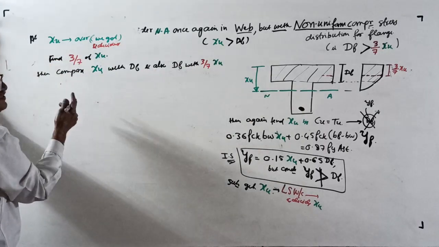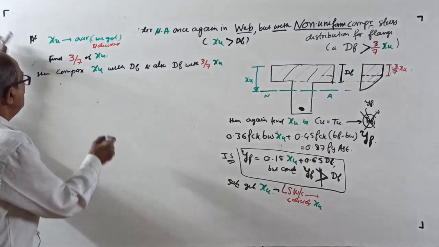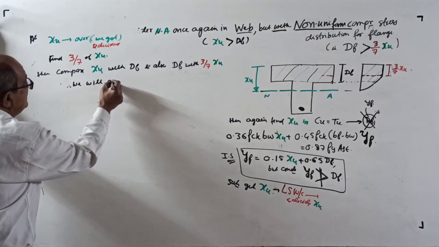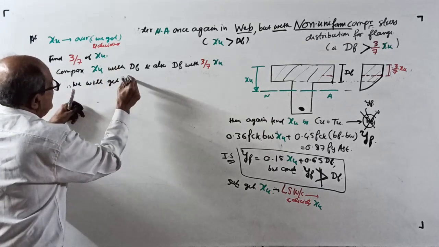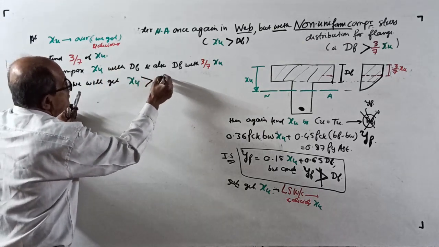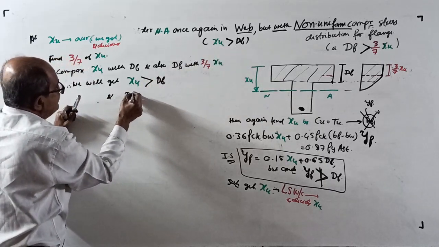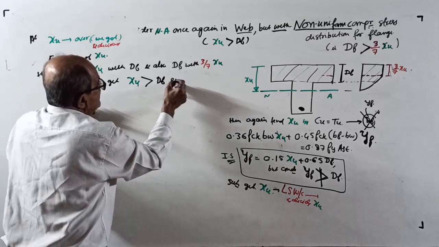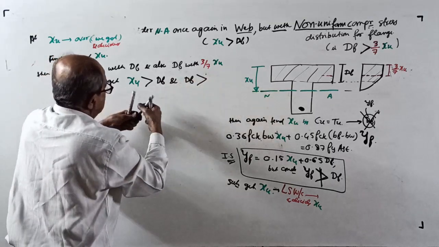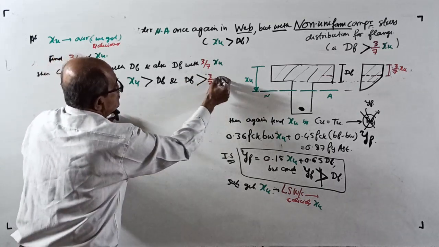Now, see, this is the last chance. No more chance. Therefore, we will surely get, why? No other way. We will get guaranteed XU more than DF, and we will get DF more than 3 by 7 of XU.